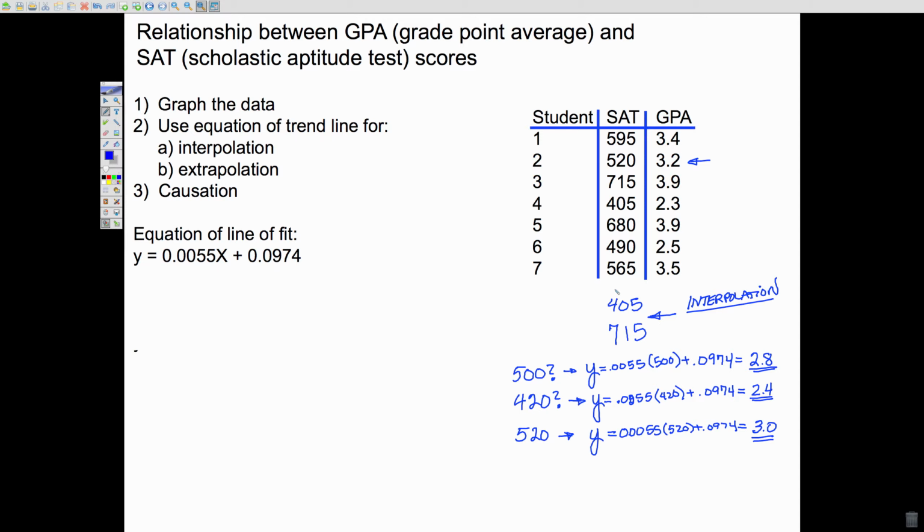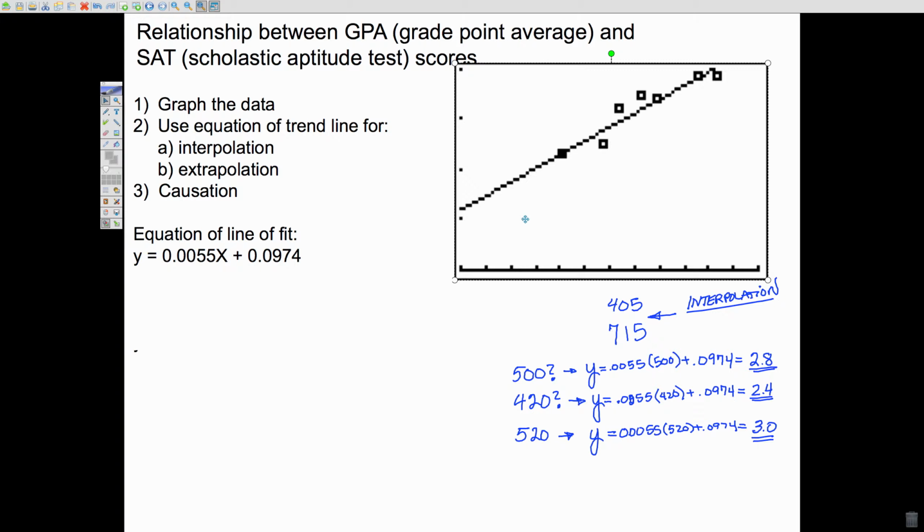And that's okay. The equation of the line of fit does not go through all of the points. If you remember from the way the graph looked on the calculator, you'll see that the line does not go through all of the points. What that means is that when you use the equation of the line of fit to predict values that are already in the table, if they're not on the line in the graph, they won't come out exactly right.